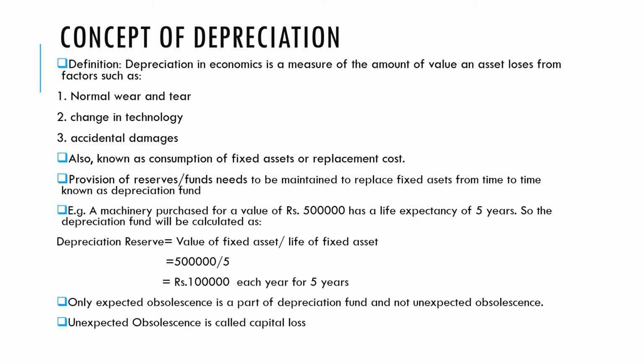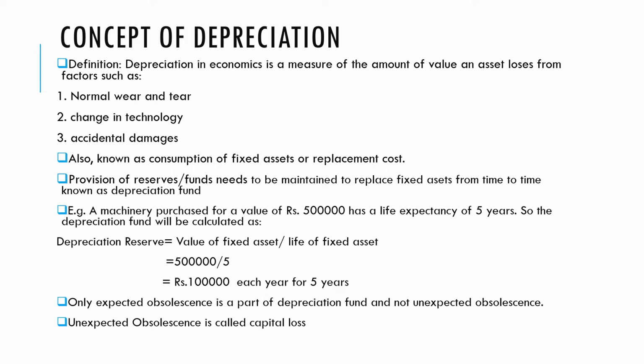Concept of depreciation. By definition, depreciation in economics is a measure of the amount of value an asset loses from factors such as normal wear and tear, change in technology, or accidental damages. Depreciation happens in the case of fixed assets.